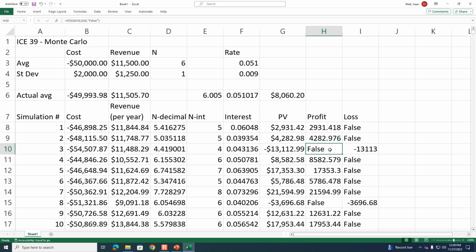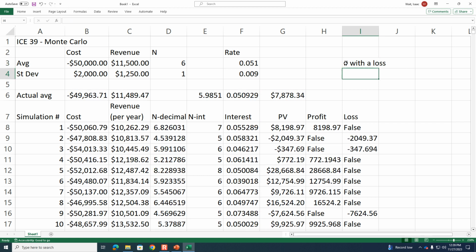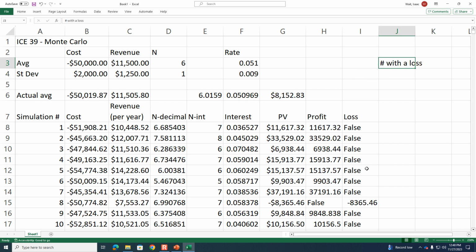And in fact, let's set up a count where we have the number with a loss. So let me move this to the side. Let's count up how many of these are losses. So I think there's a function called COUNTIF.